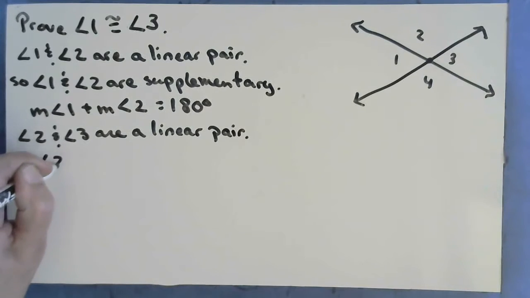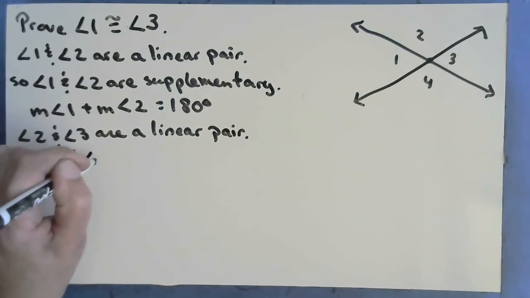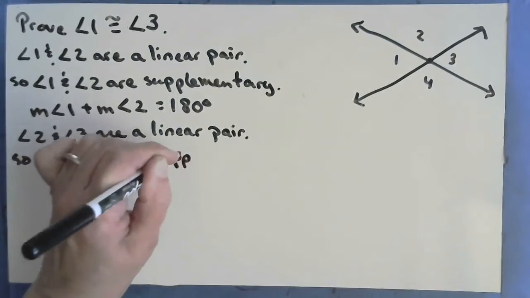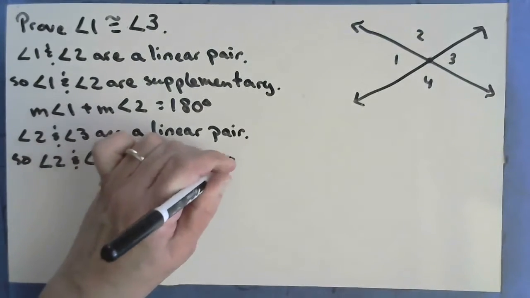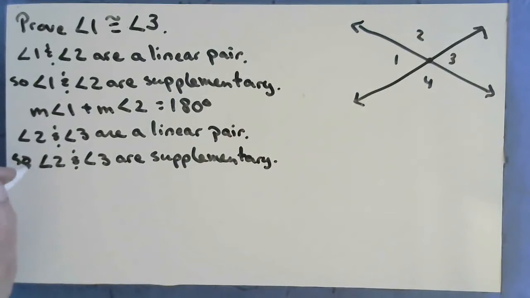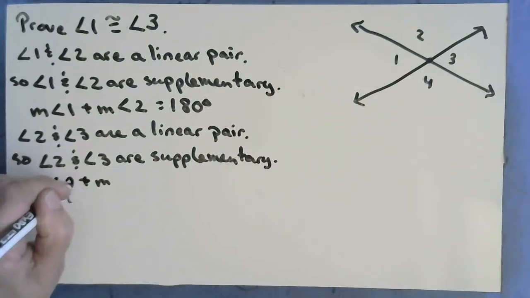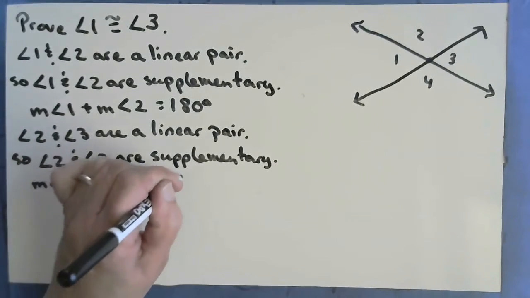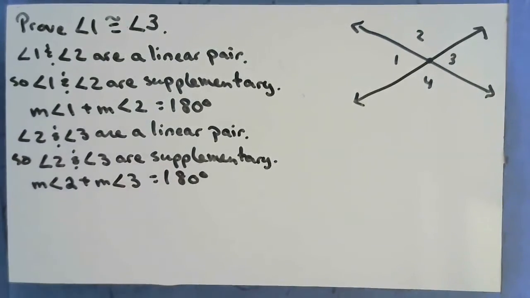So angle 2 and angle 3 are supplementary. And from the definition of supplementary, the measure of angle 2 plus the measure of angle 3 is equal to 180 degrees.